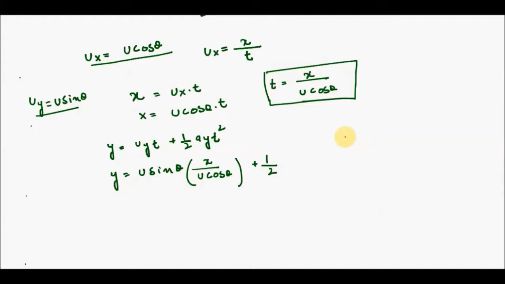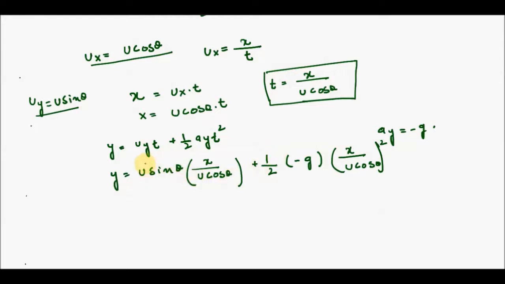Since the projectile is moving upwards and the acceleration due to gravity is downwards, we substitute ay as negative g. So I will write minus g, and for t I will write x divided by u cos theta, whole squared.